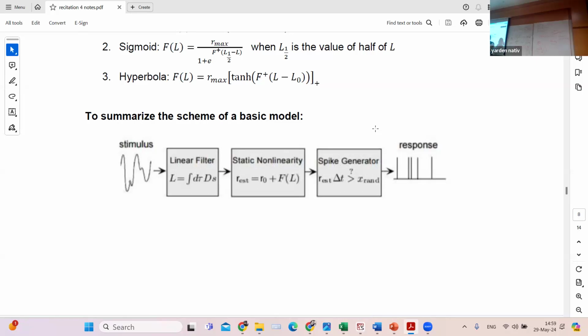And then, when we have the spike generator, given this static nonlinearity, we can generate the spikes from the function of the rate, right?